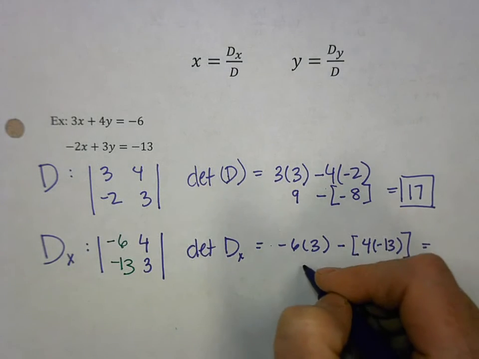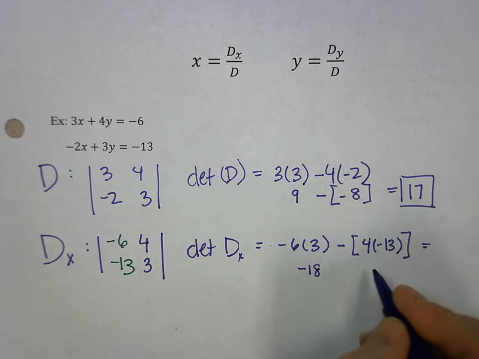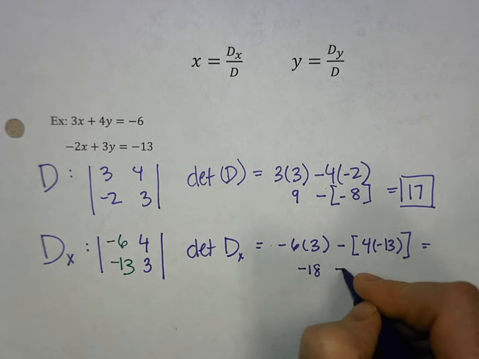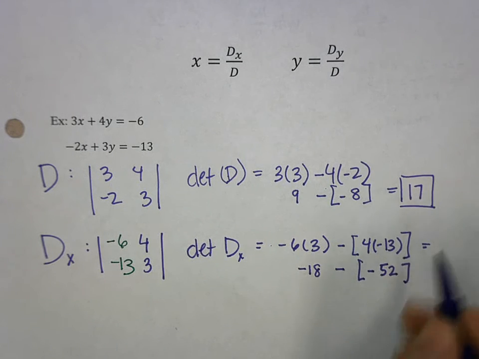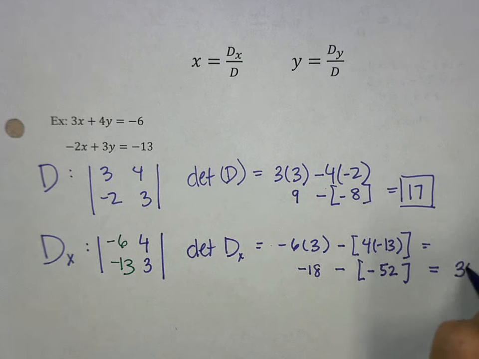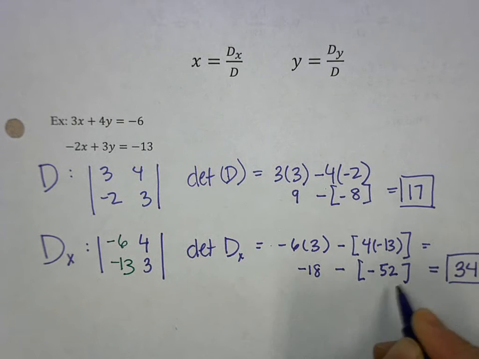What is that going to be? Well, this is going to be negative 18. 4 times negative 13 is subtract negative 52. When I subtract a negative, it becomes a positive. So my total answer is 34, because positive 52 and negative 18 is 34.